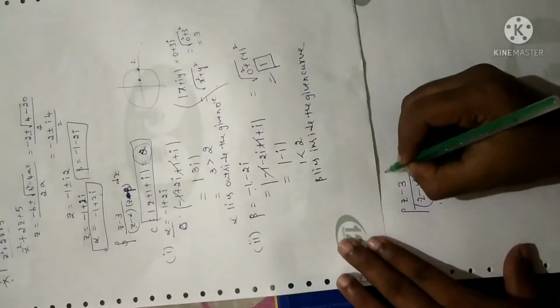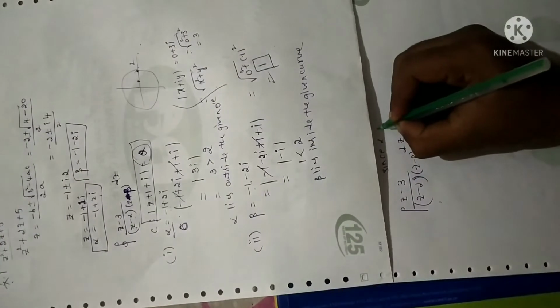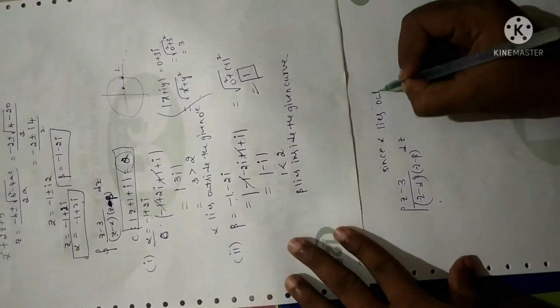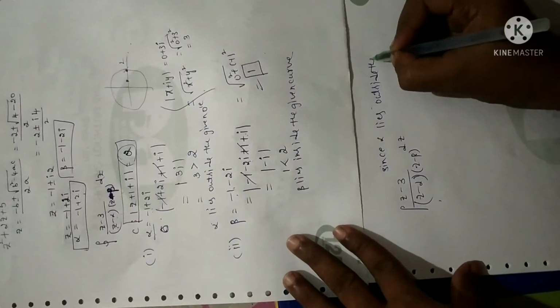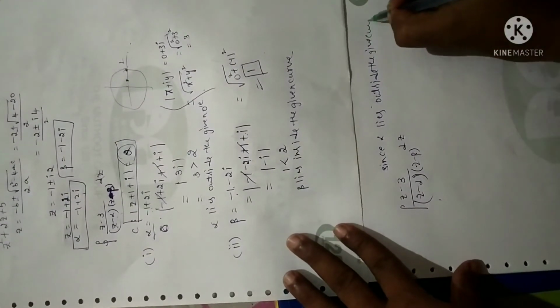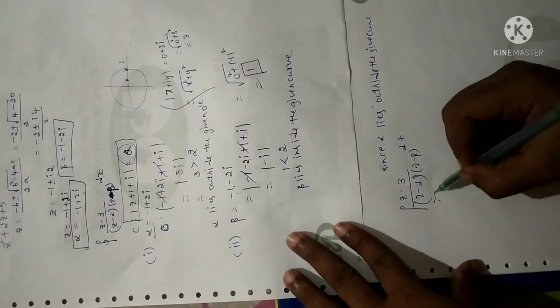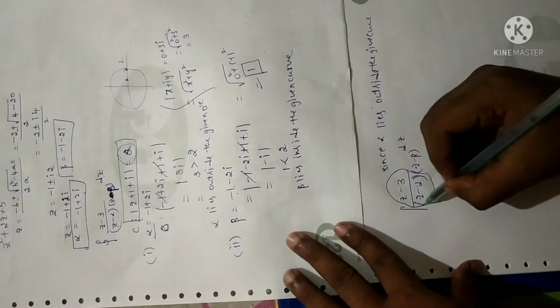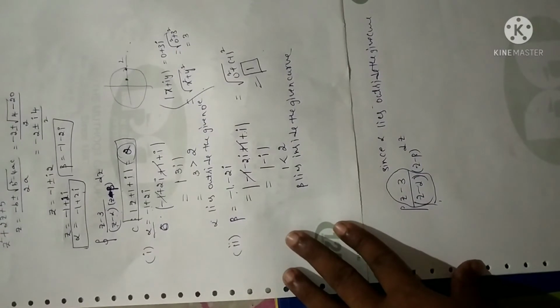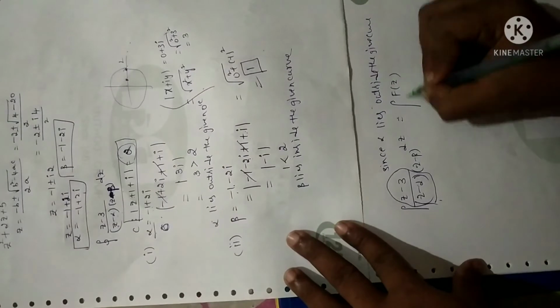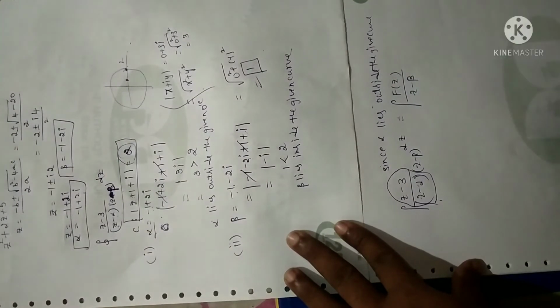Since alpha lies outside the given curve, I'm talking with respect to alpha. So let me take this as f of z. I can write this as f of z divided by z minus beta.